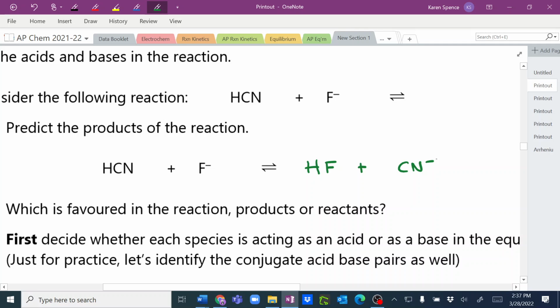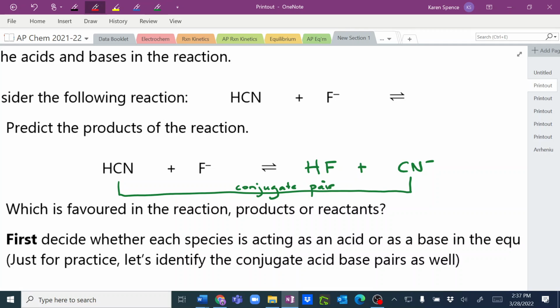If I had to attach HCN to its conjugate pair, who would I attach it to? HCN would attach to CN minus, that is a conjugate pair. Who is our other conjugate pair? Well, we got nothing left except for these two, yes? That is our conjugate pair.